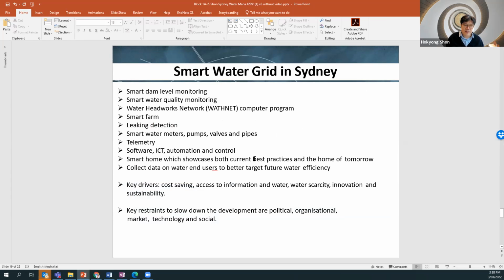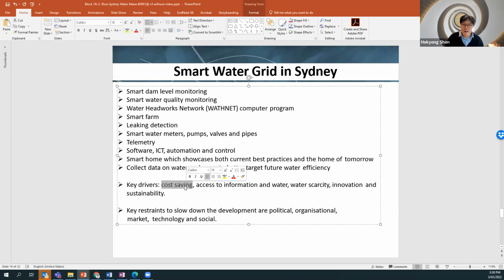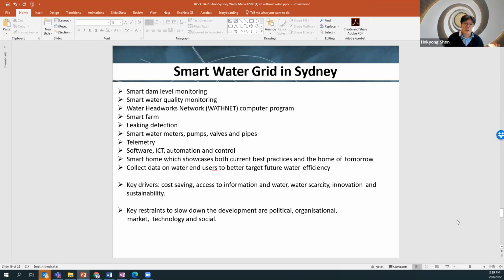So we collect data on water end users to better target future water efficiency. Key drivers are always cost saving, access to information, water scarcity, innovation and sustainability, and key restraints that slow down development are political organization, market, technology and social will, which we have to consider.